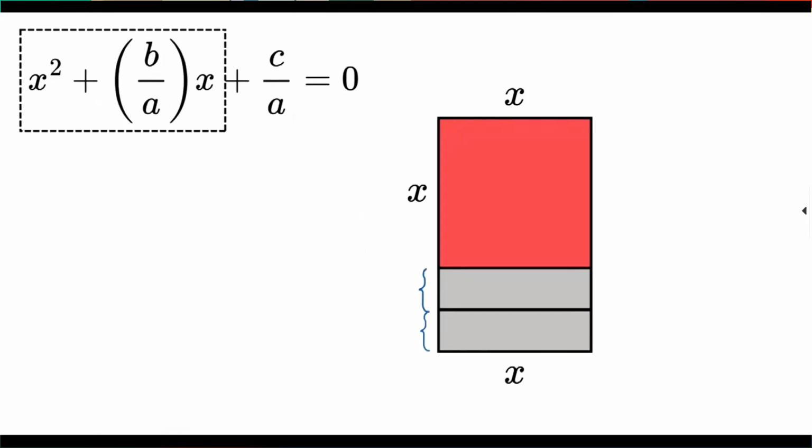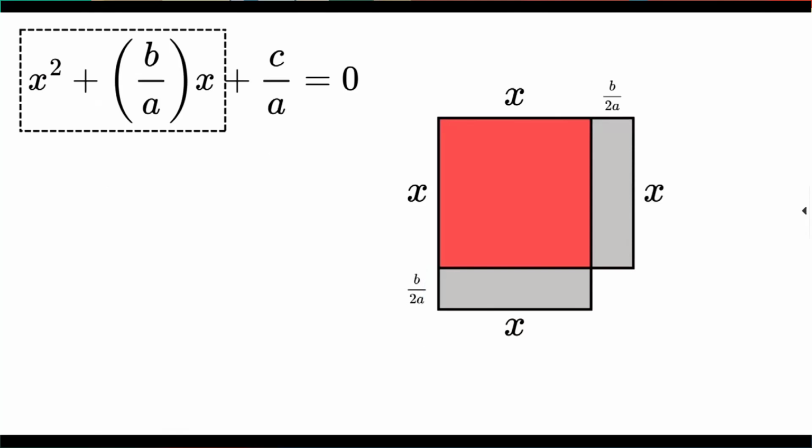Now taking this rectangle which has x and b by 2a and putting it to the right part. Now the total length of this is x plus b by 2a, and filling up the remaining part of this square with this yellow part, that is b by 2a into b by 2a. So its side is b by 2a.